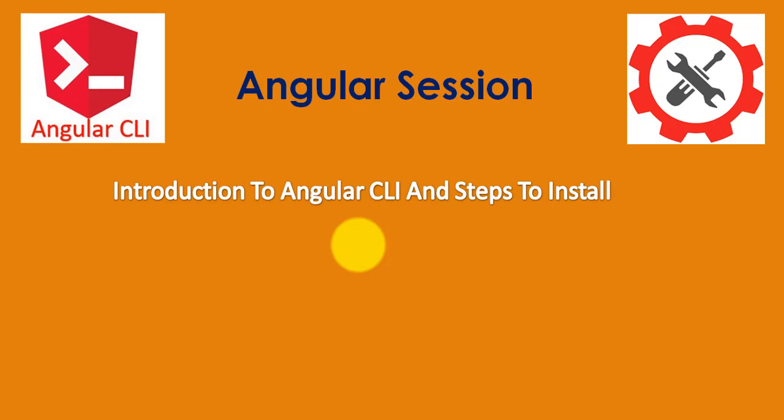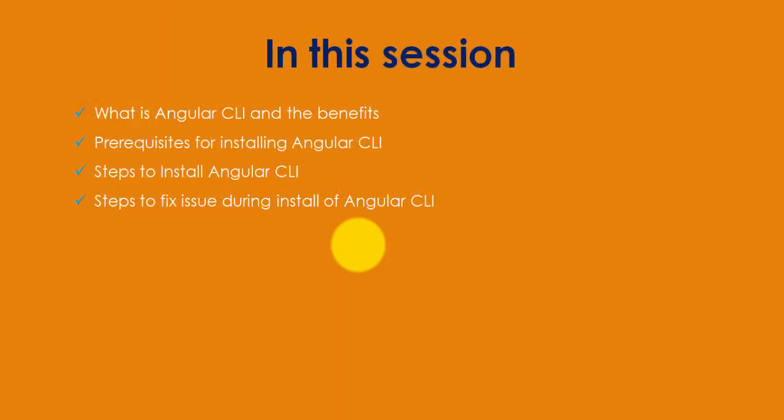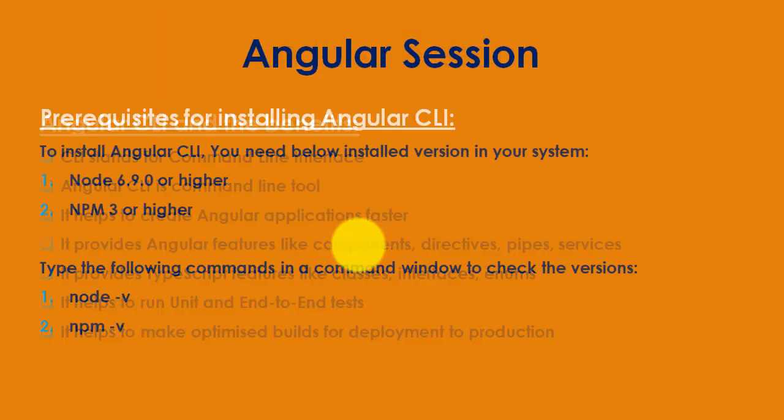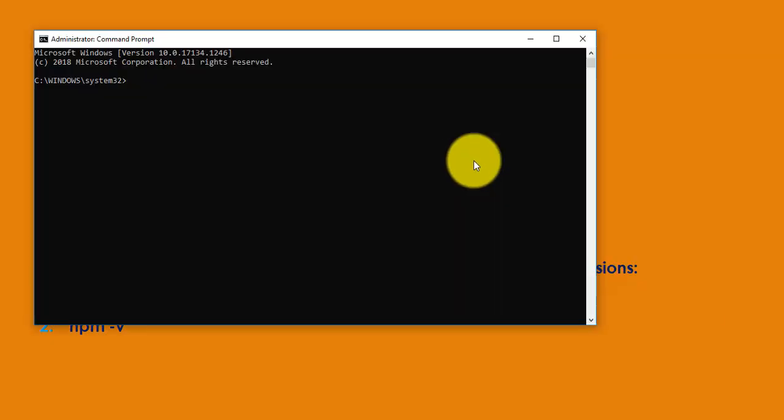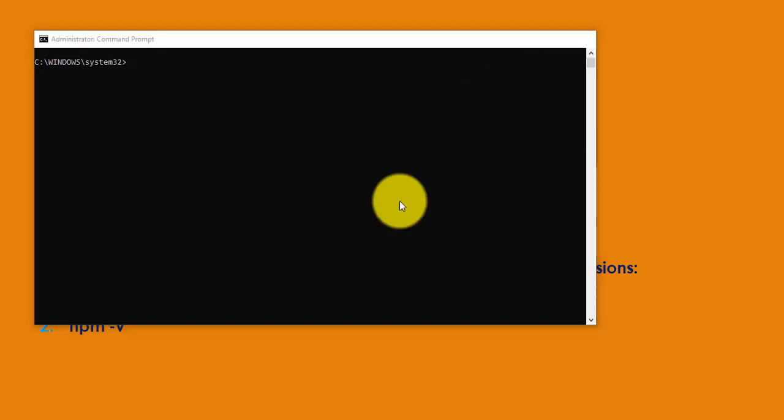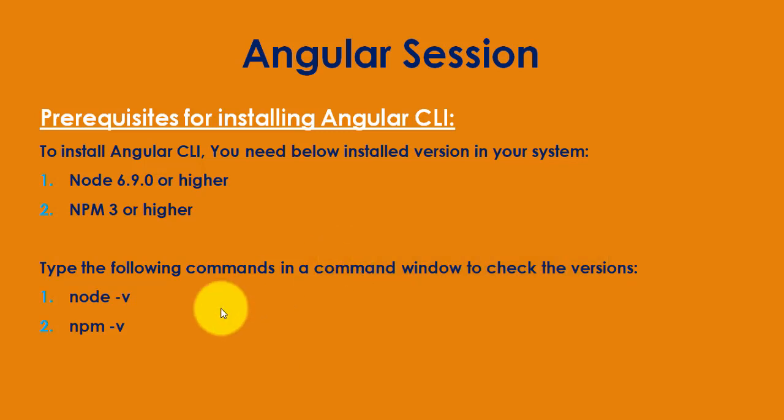Okay, I have made it full screen for better understanding. So go to our command prompt. Now type the following commands in a command window to check the version. node -v shows you the version of node installed in your system.